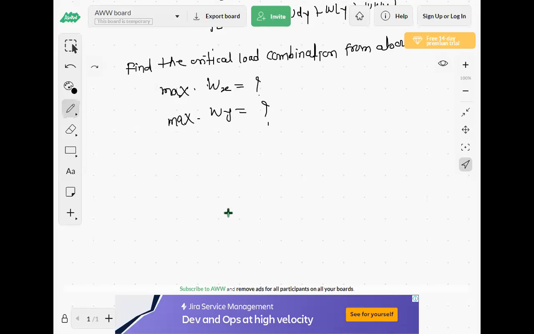I hope you are writing this properly, because this is very important in the next semester. You have to do the project on this roof truss chapter.